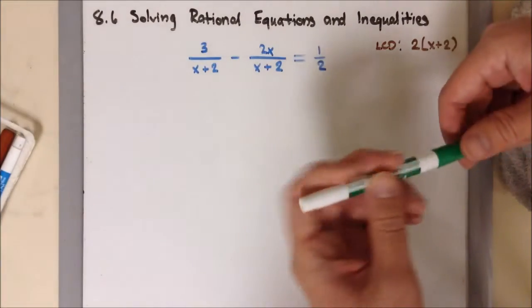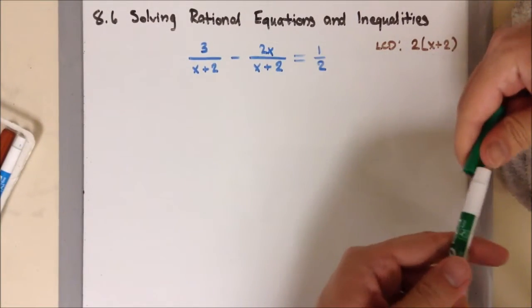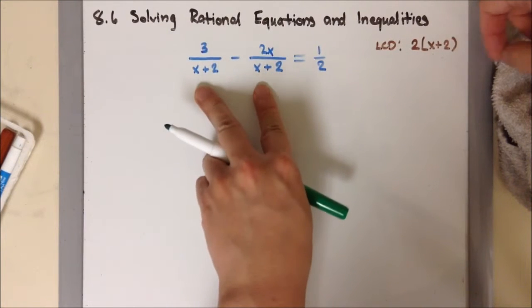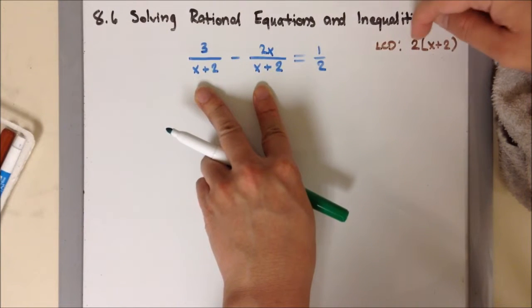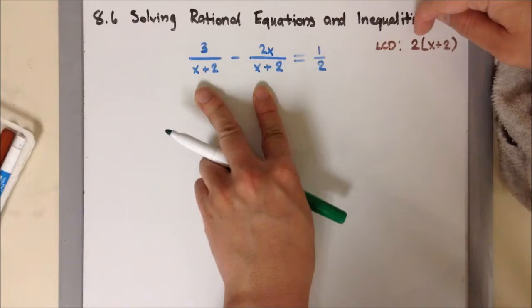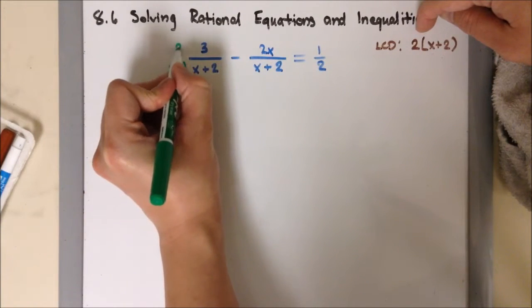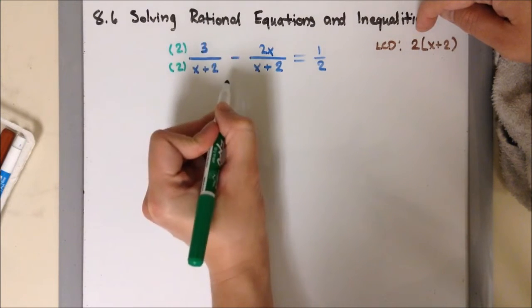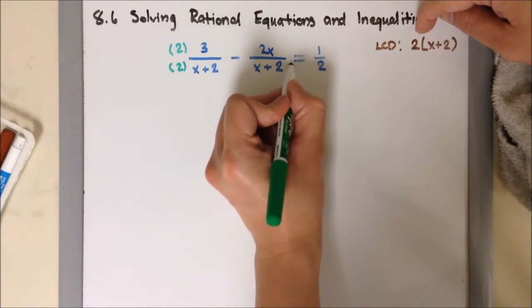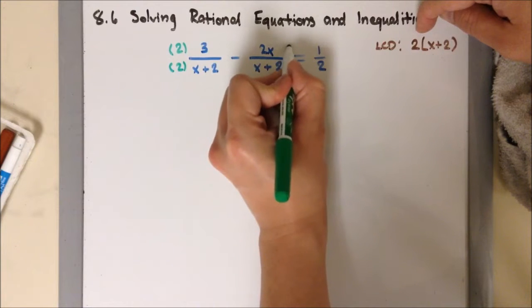So that means for these two fractions, since they already have x plus 2, I just need that missing factor, which is a 2. So I'm going to multiply by 2 to this fraction's numerator and denominator, and this fraction's numerator and denominator.